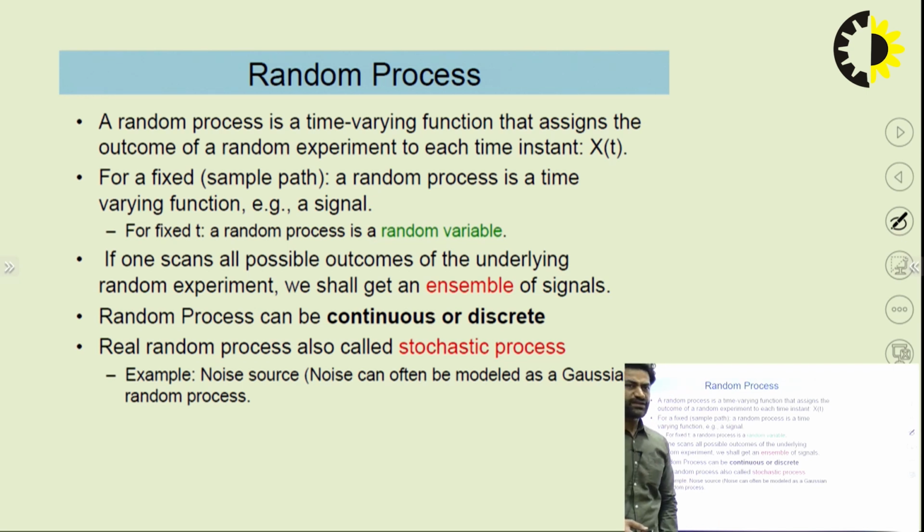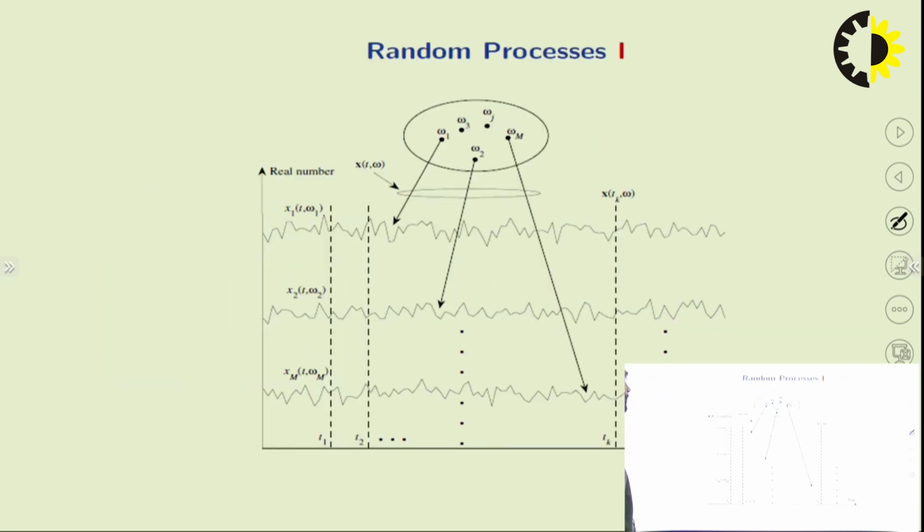Now, a random process can be continuous or discrete. A random process is also known as a stochastic process. Example, a noise source, which can be modeled as a Gaussian random process. In this example, you can see the random processes x1, x2, x3 and so on up to xm.